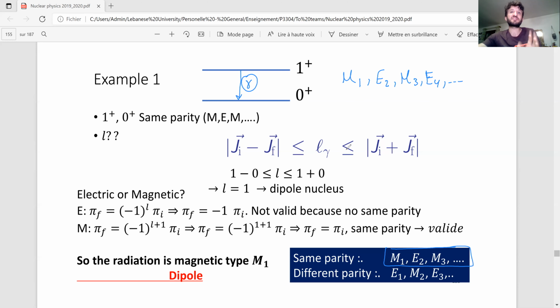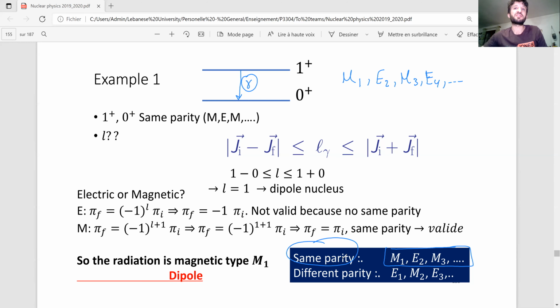So in the case of same parity, you can write M1, E2, M3. Now I know just the starting point. We start with M for L equals 1, and we go up 1, 2, 3, 4: M, E, M, E.